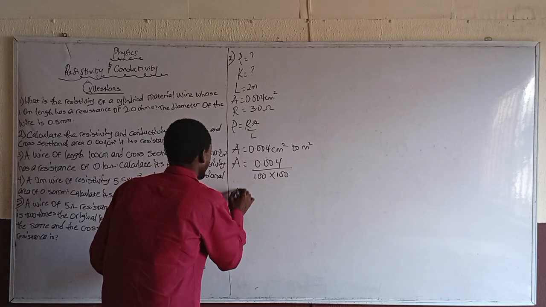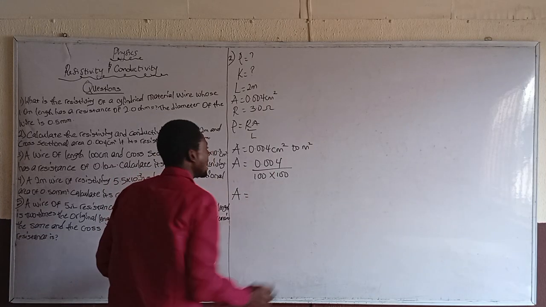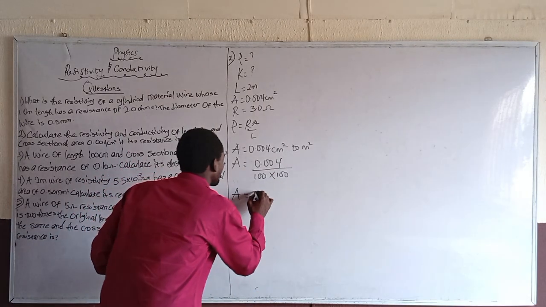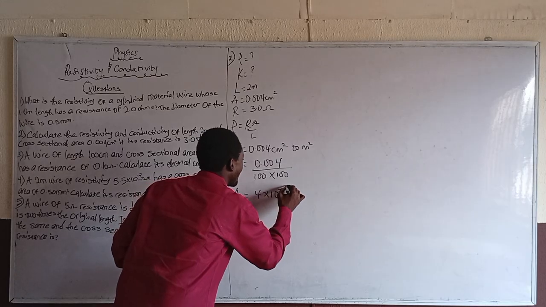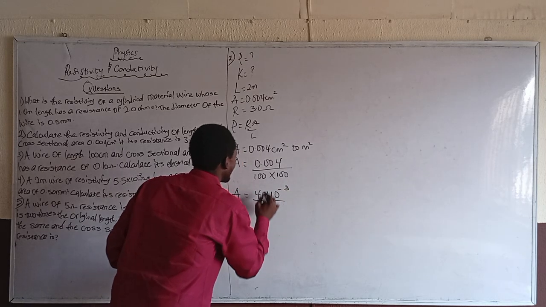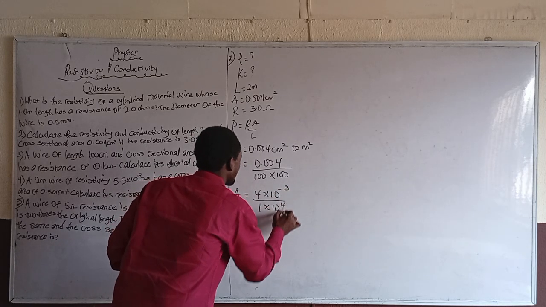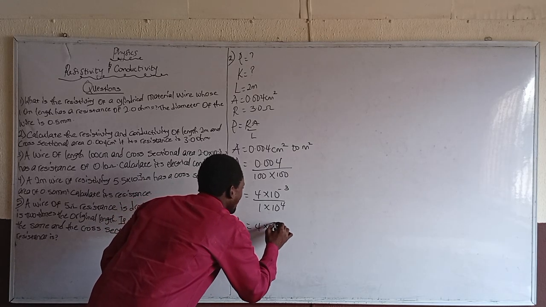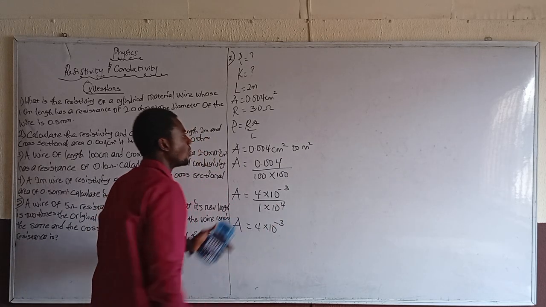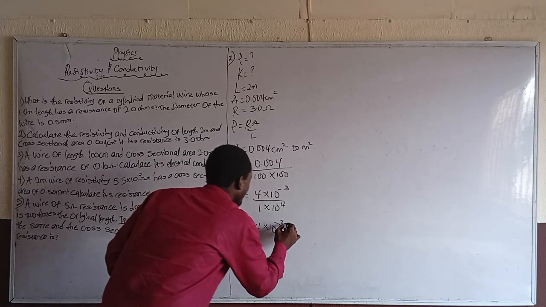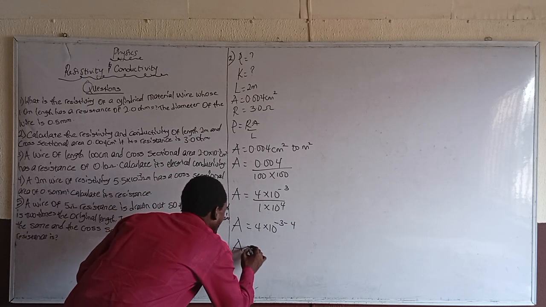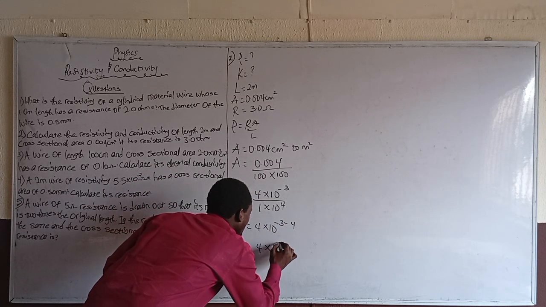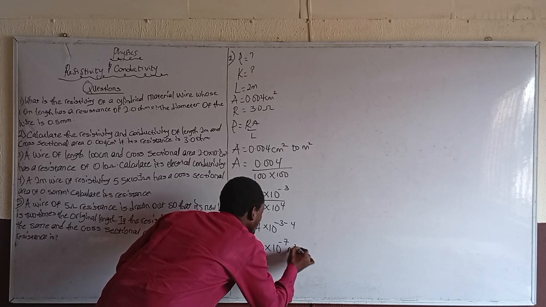So the area here, let's use standard form, is 4 times 10 raised to power minus 3 divided by 1 times 10 raised to power 4. So the area becomes 4 times 10 raised to power minus 3, and this 4, when it comes up, becomes minus 4. So the area is 4 times 10 raised to power minus 7 meter squared.